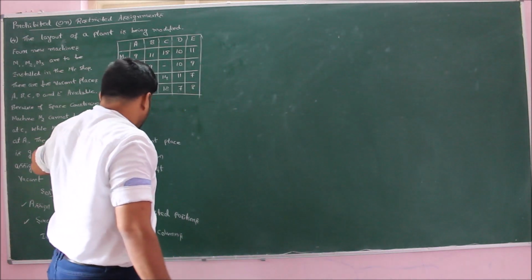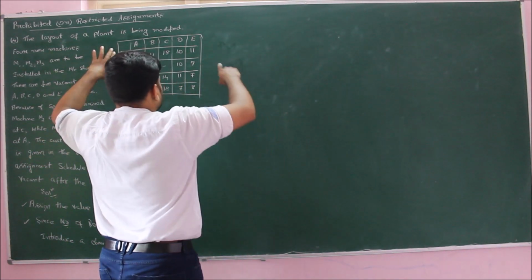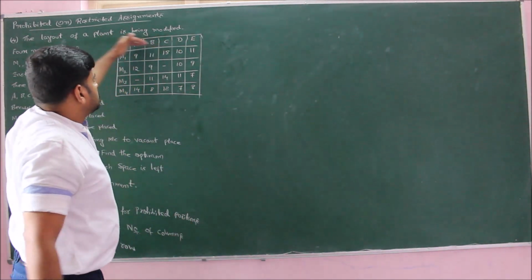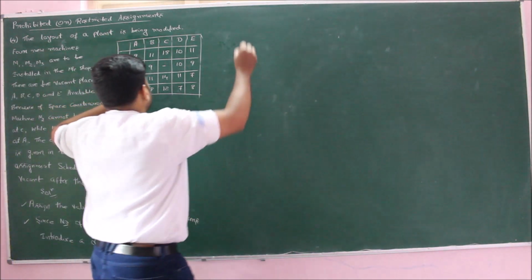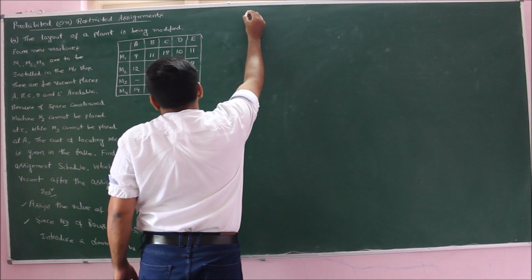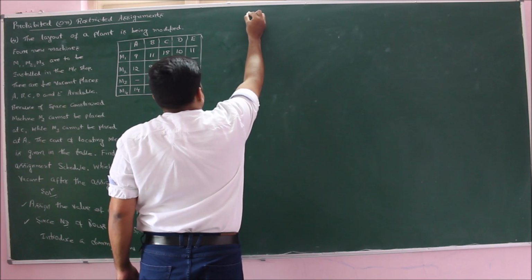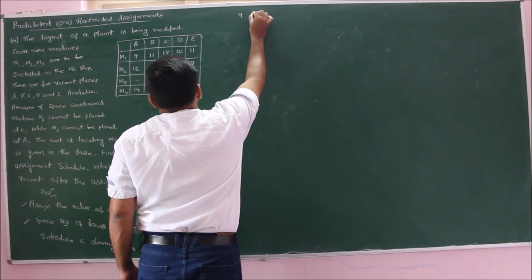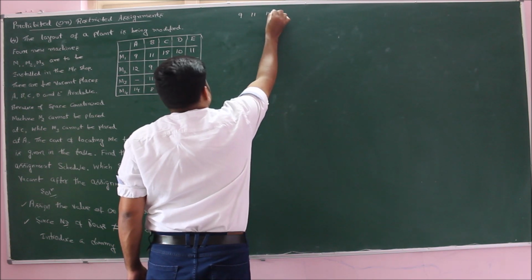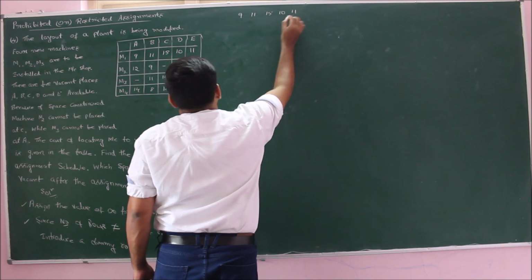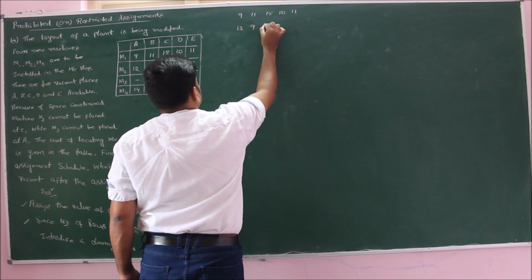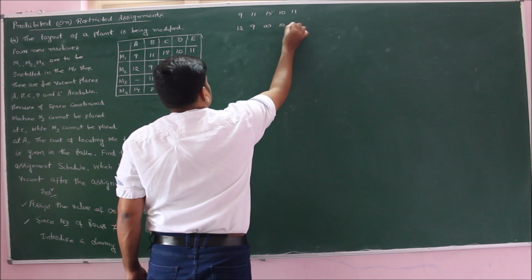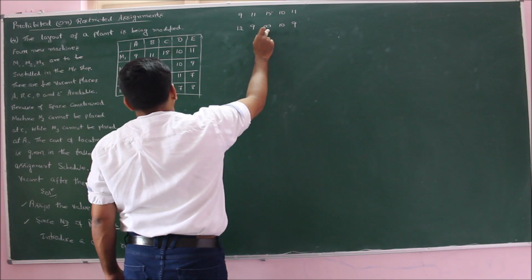Let us solve this problem. For simplicity, I won't write the place names and machines. So if I write down the matrix, the first row is 9, 11, 15, 10, 11, then 12, 9, infinity, 10, 9, because this position is prohibited.